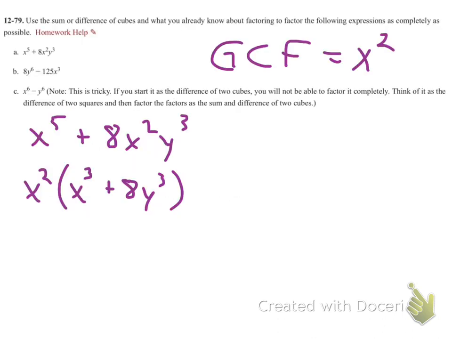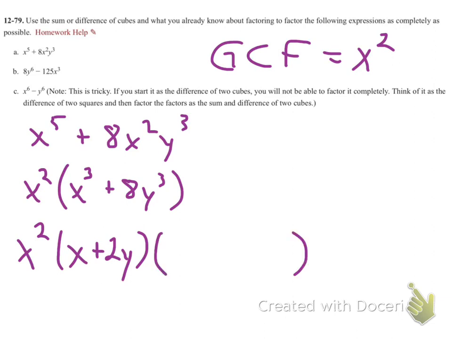I have the x squared on the outside. Then I'm going to take the cube root of this one, which is x. The sign stays the same. And I take the cube root of that, which gives me 2y. Then my trinomial, because it has three terms, is going to be this one squared. Switch the sign from here.